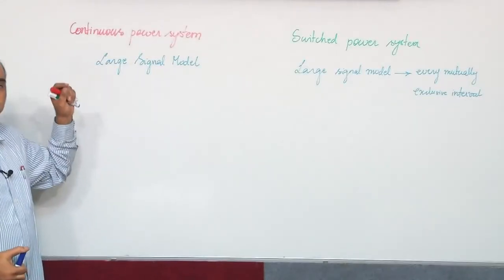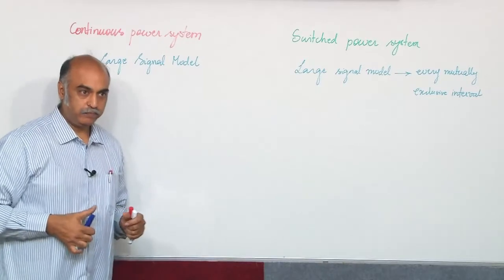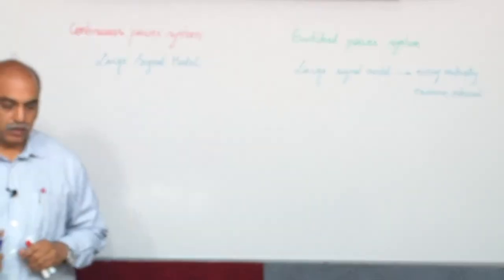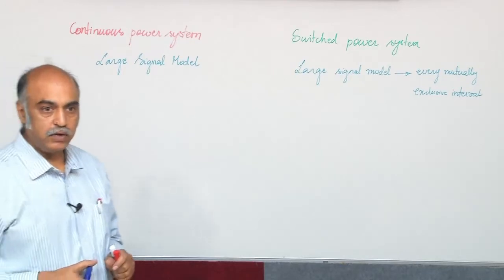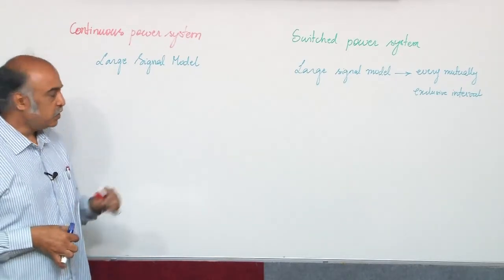Next, what do we do here? If it is a linear system, we stop there. If you are able to put them into the state equation, a regular state equation form of x dot is equal to Ax plus Bu, you will stop there.